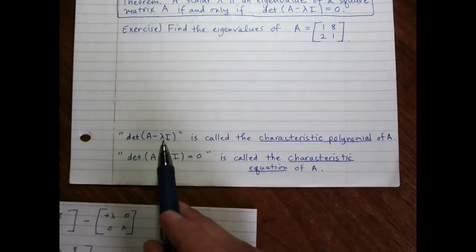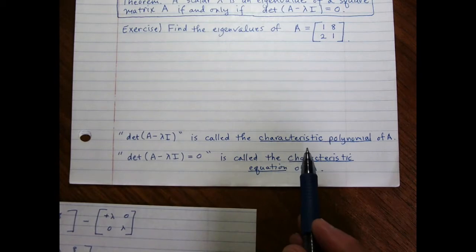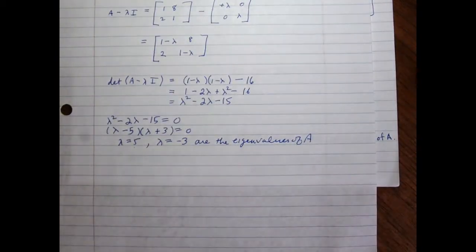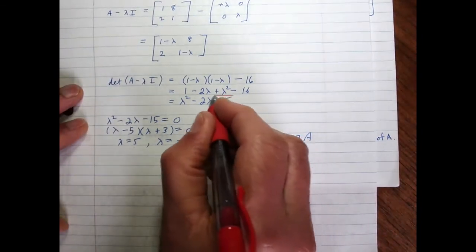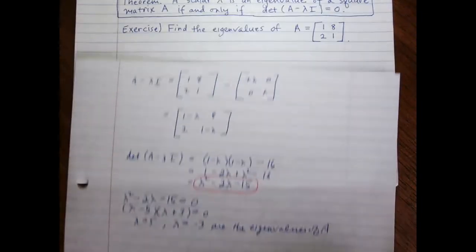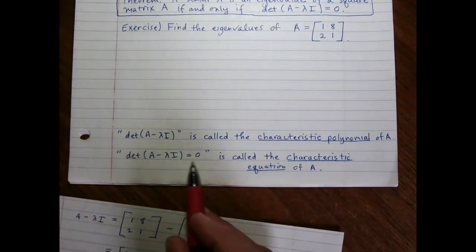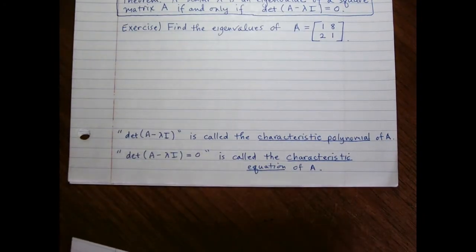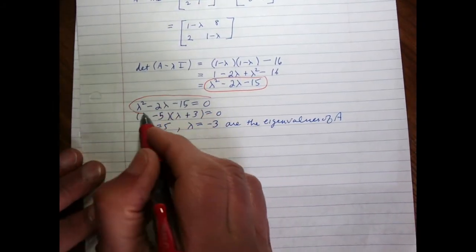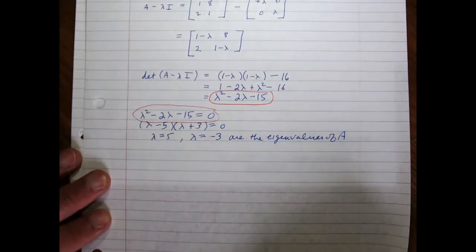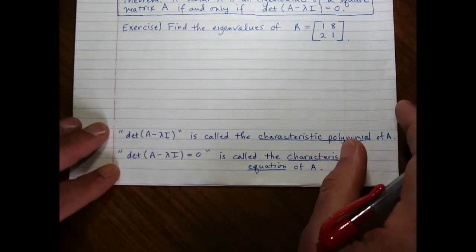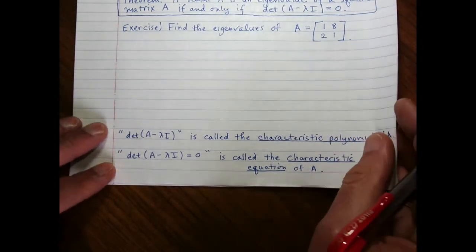The determinant of A minus lambda I is called the characteristic polynomial of A. So in our example, here is the characteristic polynomial of that matrix. And when you set it equal to 0, we call that the characteristic equation. So it's just a subtle distinction, but here's the characteristic equation for that matrix. And the solutions to the characteristic equation are the eigenvalues.